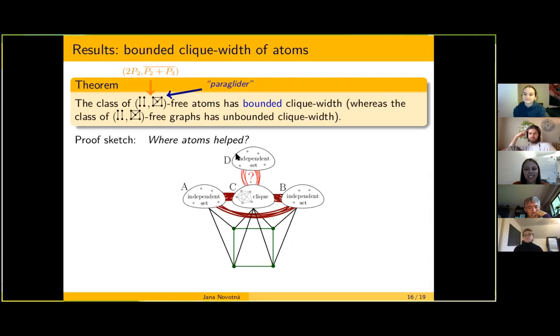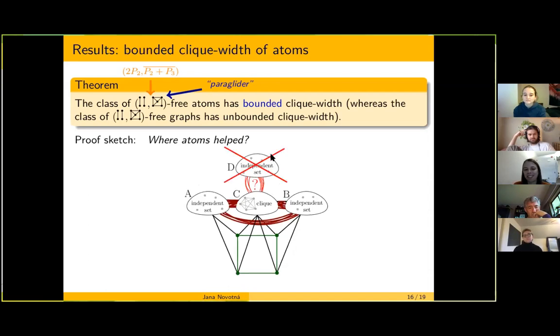But what's really great here is that C is a clique. So you may now see that there cannot be any vertex in our set D, because otherwise C would be a clique cut set. Now we are done, because D is empty, and we have really nice relations for the other vertices, and we can conclude safely that Clique-width is bounded here.